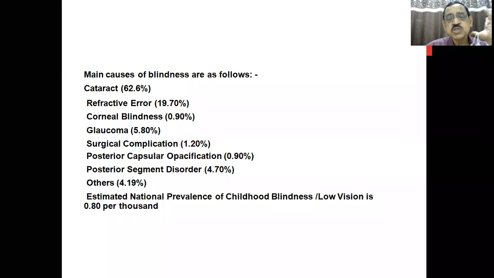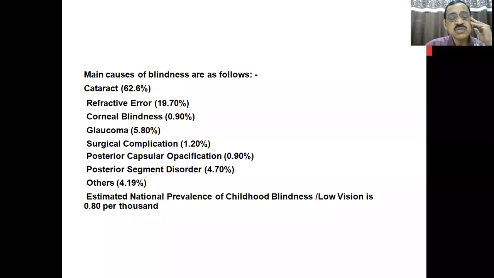And post-cataract surgery complications such as posterior capsular opacification, which can occur after the cataract surgery, account for nearly about 0.9%. And posterior segment disorders such as vitreous hemorrhage or PVD, PVR, or retinal problems or optic nerve problems, all these account for nearly about 4.7%.